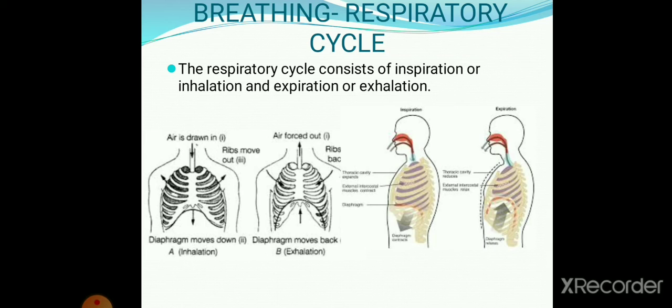During expiration, the size of the thoracic cavity decreases as the external intercostal muscles relax. The ribs move inward and downward.